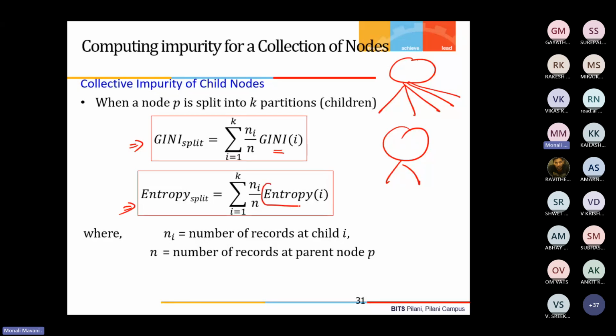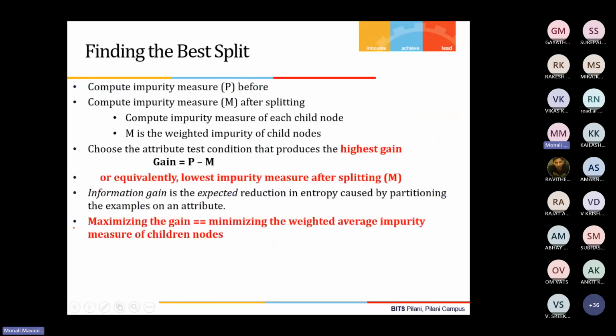For each of the child nodes, we will calculate the entropy, and then we will sum all the values together, first multiplying by the ratio: the number of examples at that child node over the number of examples at the parent node. So this is the formula.